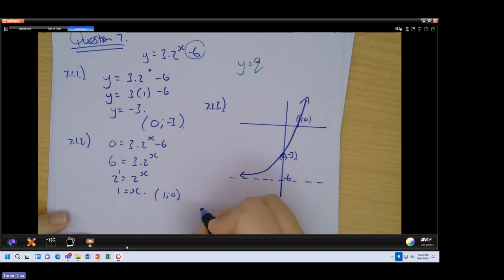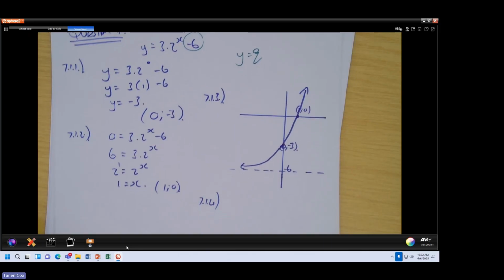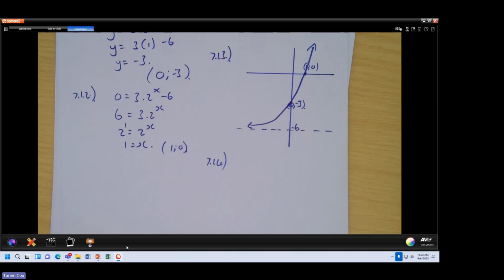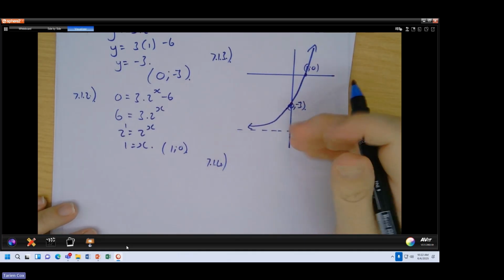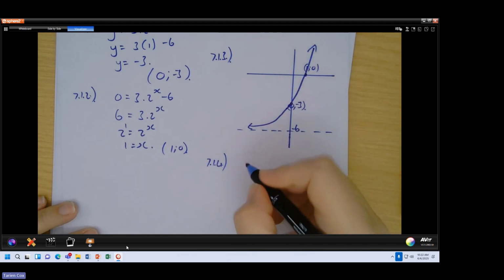The next question, 7.1.4, they were asking us to write down the range of f, which means range refers to your y values. Over what y values is this graph stretching? So it doesn't touch -6, but it is everything above -6.